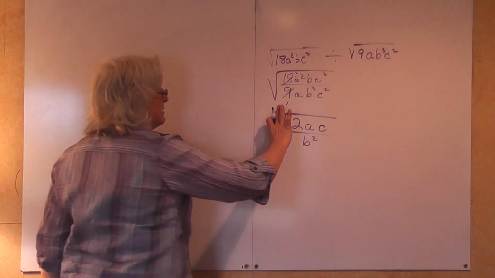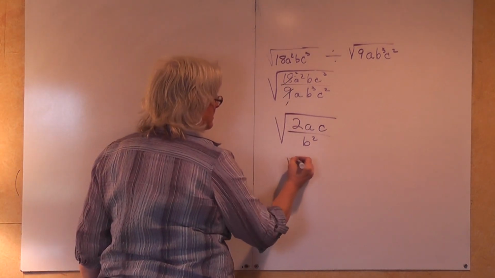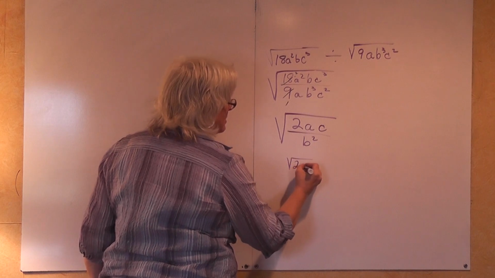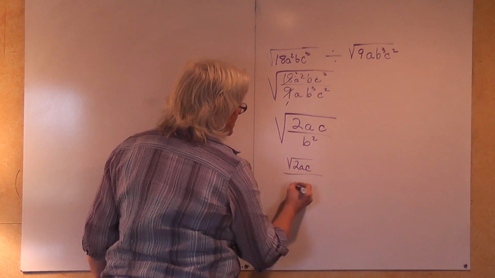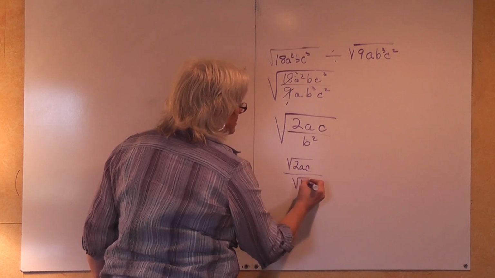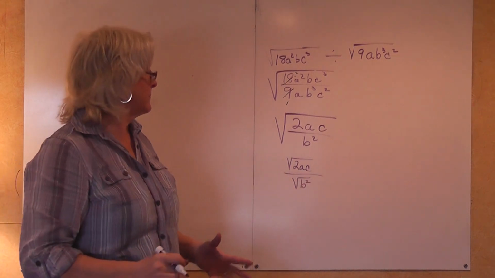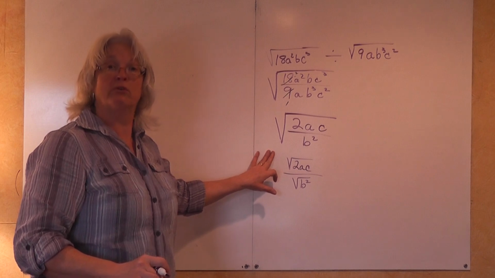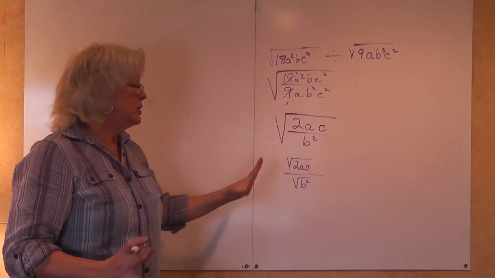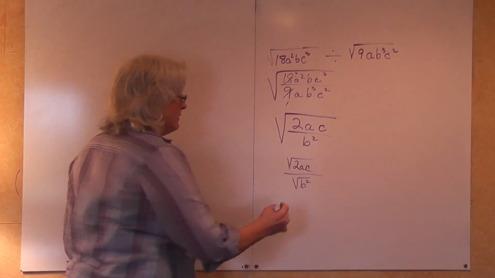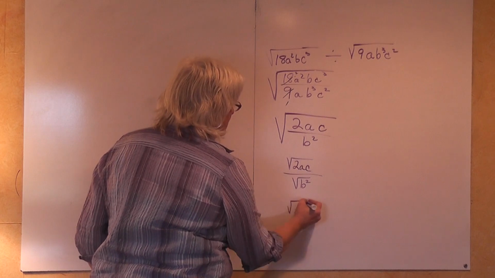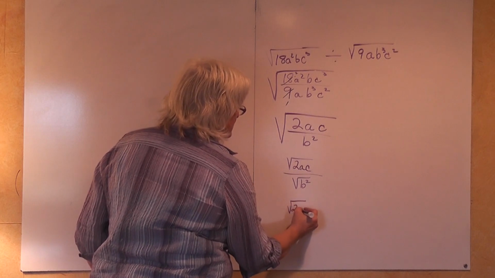Now, my division property says that can become the square root of 2ac, divided by the square root of b squared. Can you tell me what the square root of 2ac is? No, you can't. However, you can tell me what the square root of b squared is.